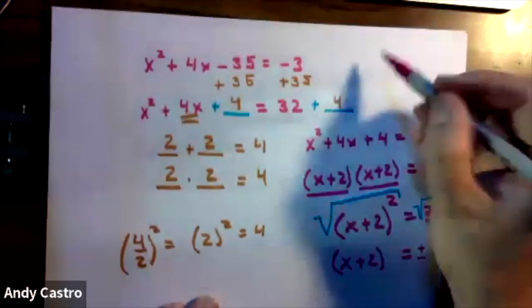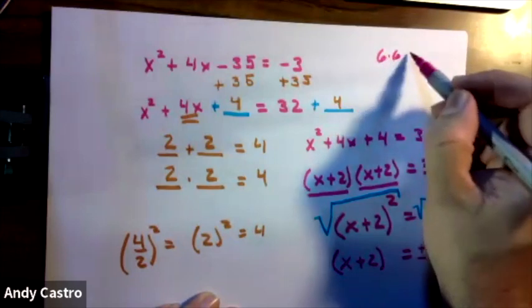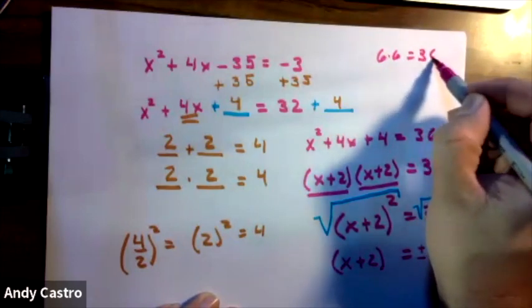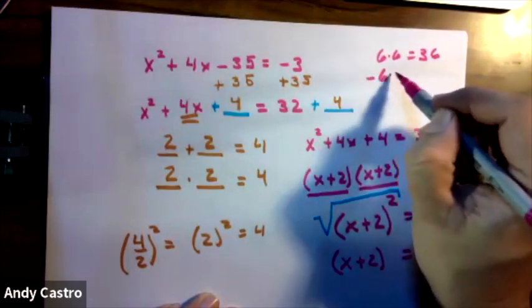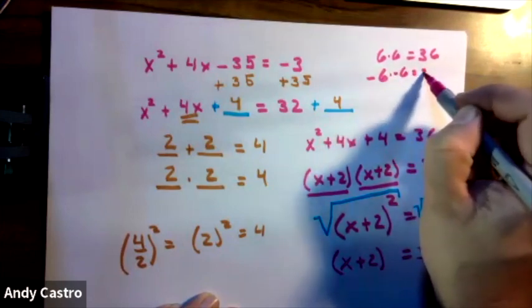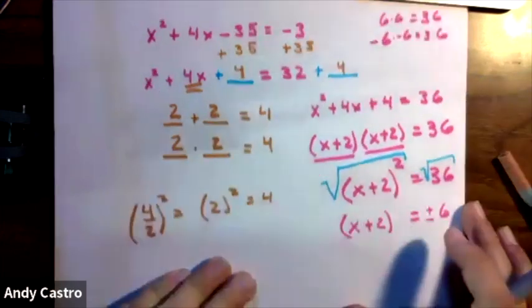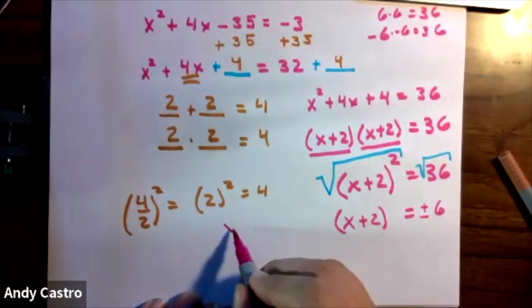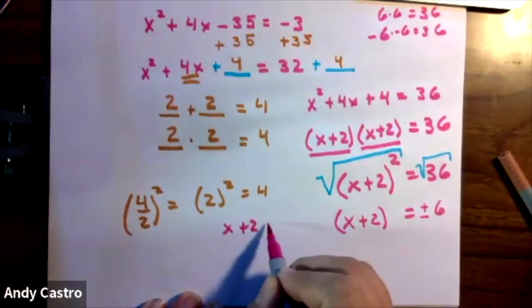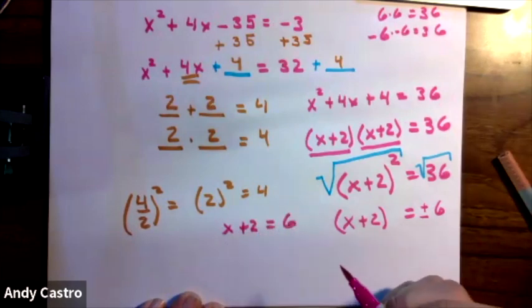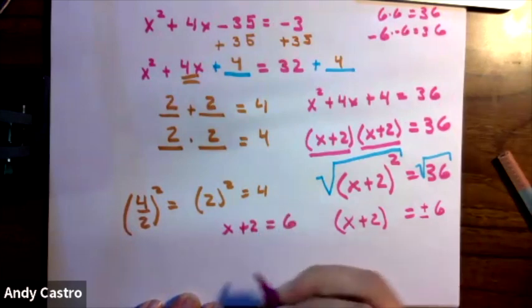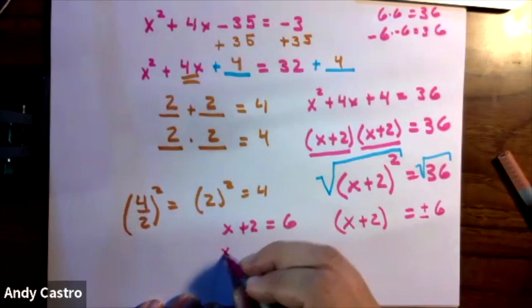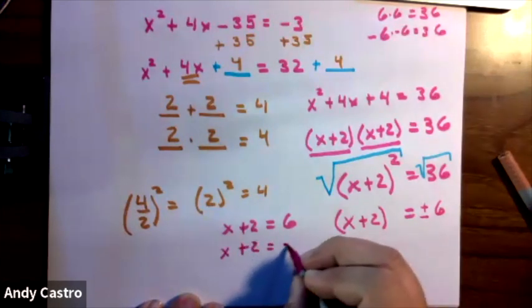Because again, 6 times 6 is 36, and negative 6 times negative 6 is 36. All right, so this could be two answers. X plus 2 is equal to positive 6, and x plus 2 is equal to negative 6.